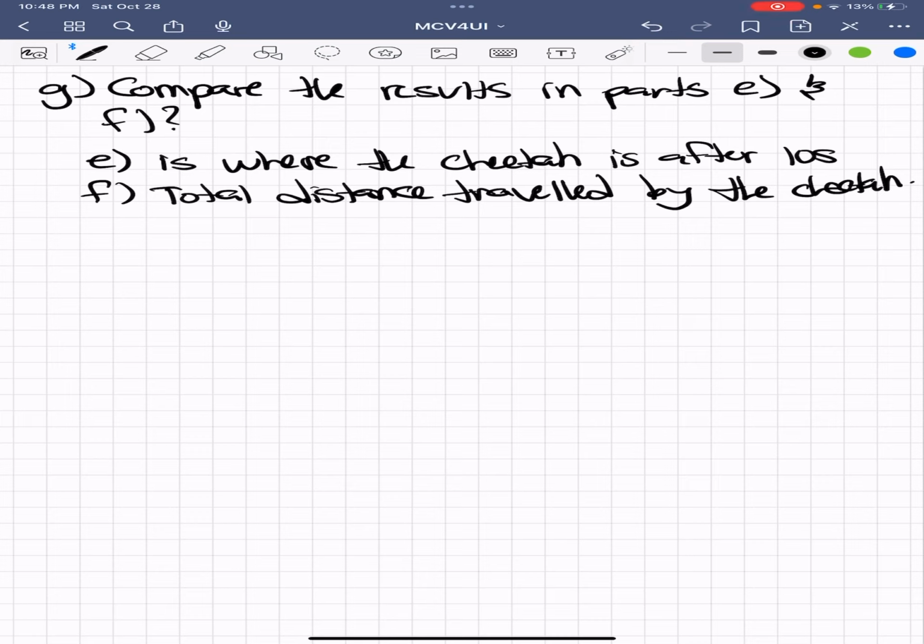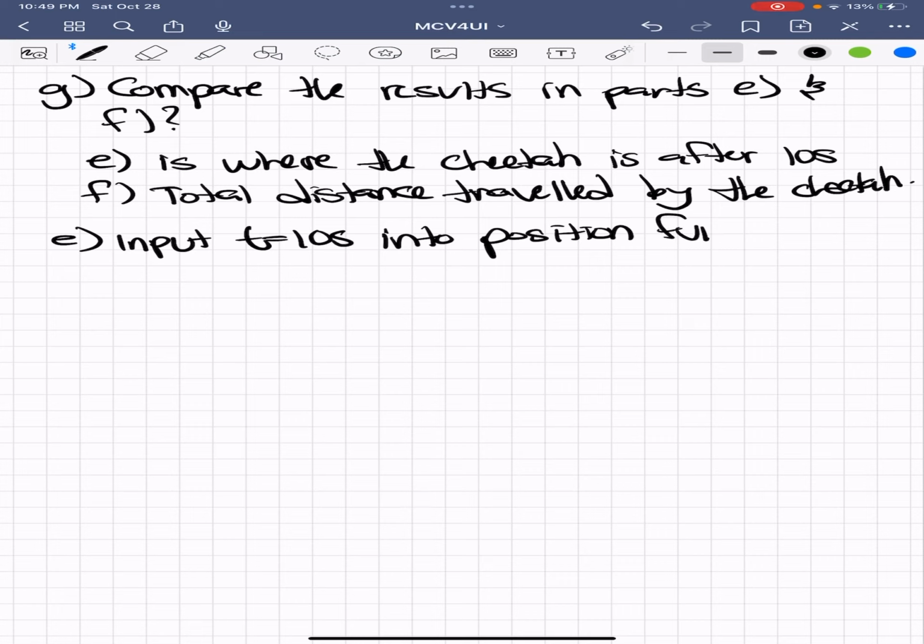So, for E, we input t equals 10 seconds into the position function measured in meters.